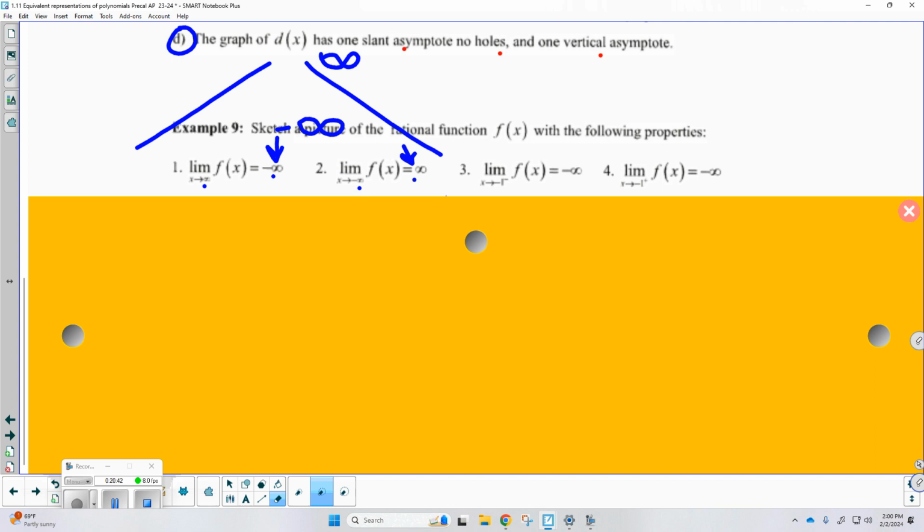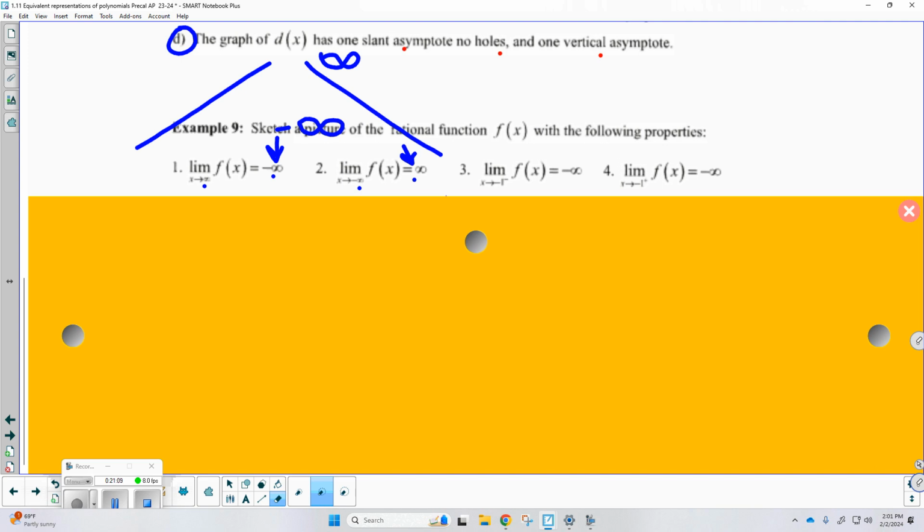So go ahead and sketch me a picture of what could give me these particular rules. Just one graph. Because you have a vertical asymptote, there's going to be two branches, two parts to it. The number of parts to a rational function is always going to be one more than the number of vertical asymptotes that you have.